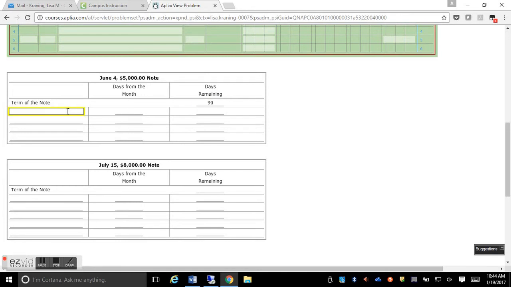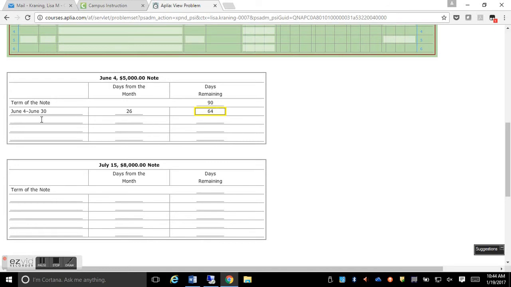We took this out on June 4th. So you're going to think of how many days are in June. We're going to count June 4th through June 30th. If you count the 4th through the 30th, it's going to be 26. Then you take 90 minus 26, and we'll have 64 days left.